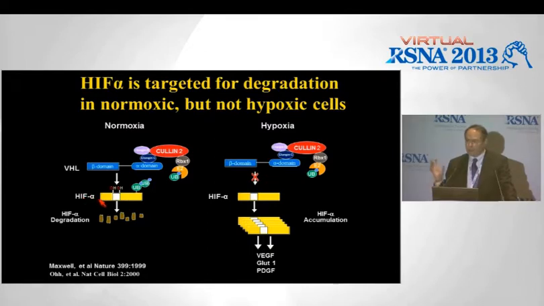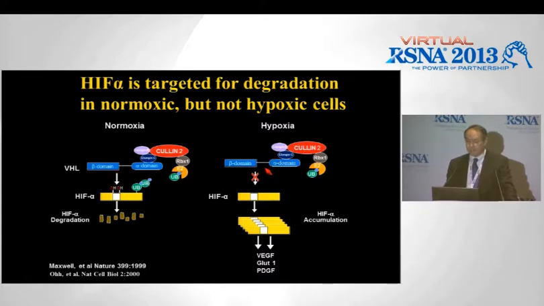This is one of our basic response elements to oxygen sensing. So in the presence of hypoxia, this is expressed and leads to all kinds of downstream effects that we'll talk about in a second. But normally, in a normoxic environment, that HIF is simply degraded by VHL.